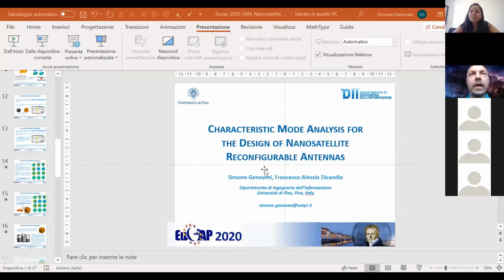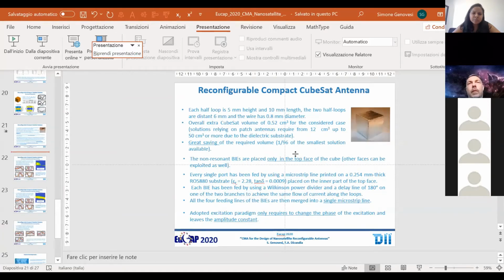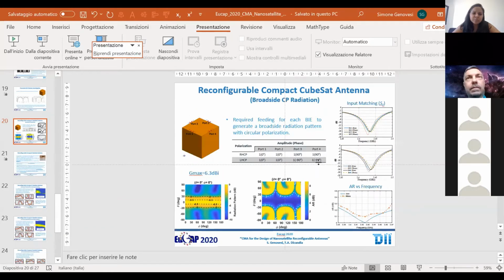So maybe you are referring to this. Here I was just summarizing how much I'm able to excite each single mode by feeding port 1 and port 2, and then the same by exciting port 3 and 4. If I want to excite a single mode properly, I also need to provide the proper phasing, for example, for achieving right-hand or left-hand circular polarization.